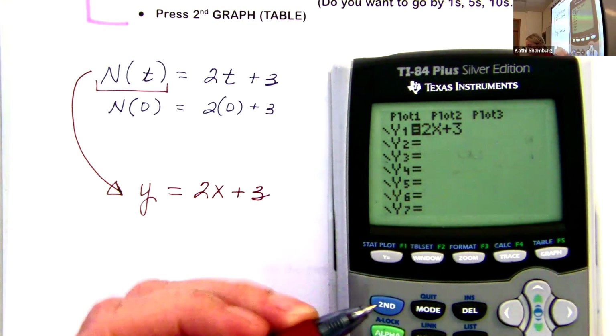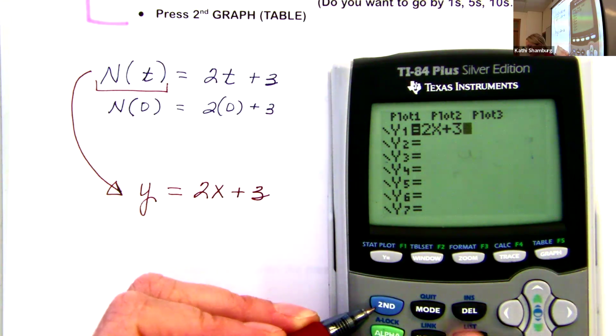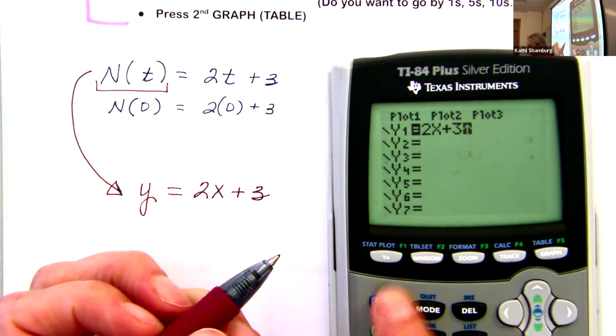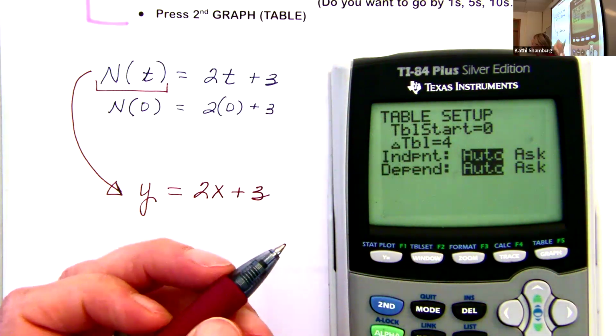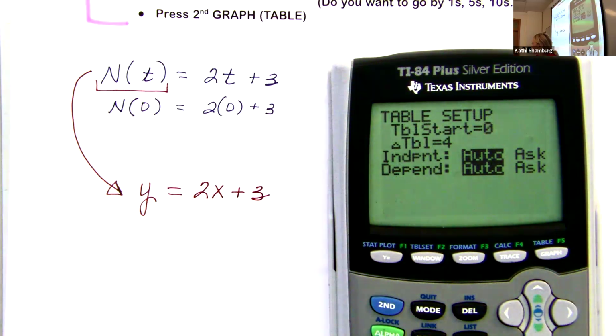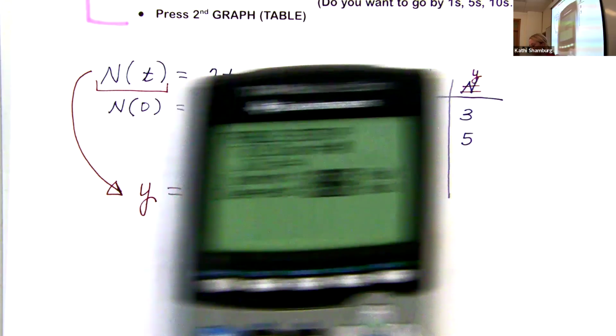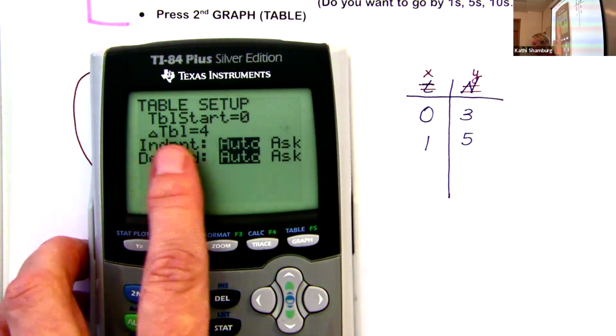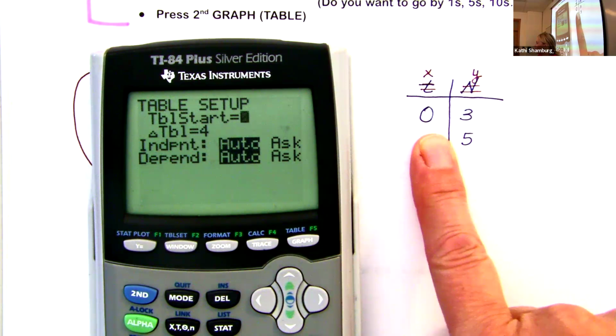You have to push the blue button second, and then above window in blue, it says table set. So it's second table set. And you're going to get this. This TBL means table start. Where are we starting on our table? The number 0.